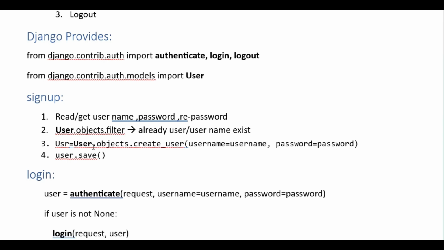You can see User.objects.create_user with the username and password, and that object will be usr. You can see it on the screen, and usr.save saves it into the database.